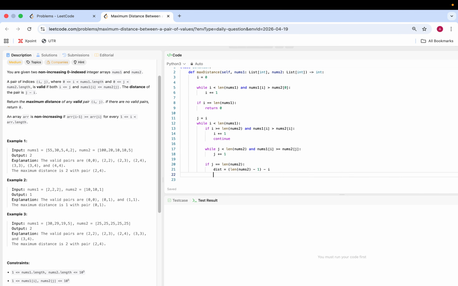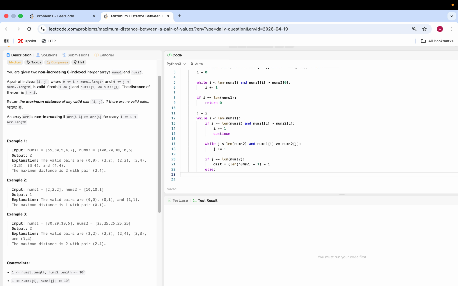Yes. Else, I think the distance calculated is the maximum between 0 versus j minus 1 minus i. Like, when this while loop terminates, j will be pointing either to outside the array, but otherwise it will be pointing to the very first value that is smaller than nums1 at i.